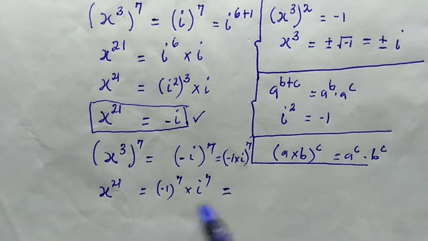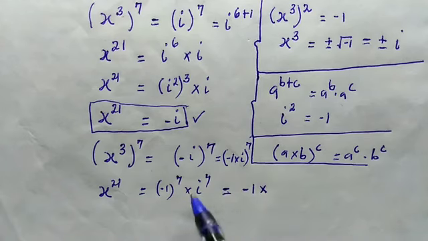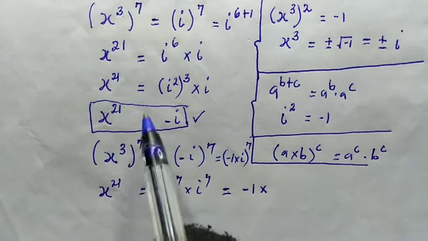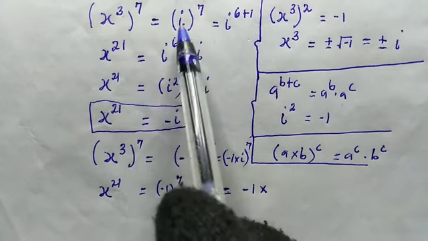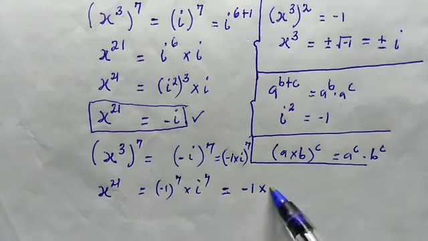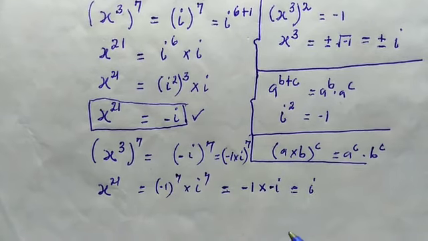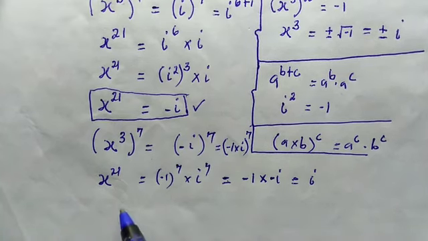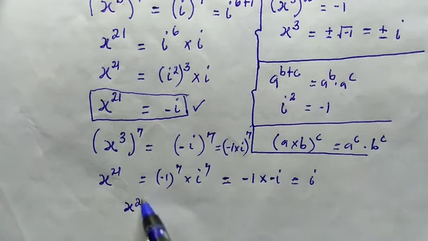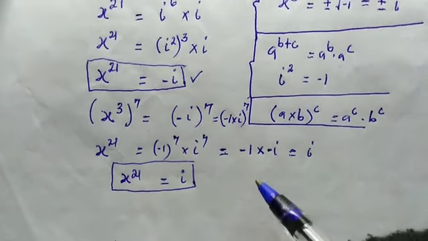So from here, negative 1 to the power of 7, since 7 is odd, is negative 1, multiplied by i to the power of 7, which is negative i, since we simplified it earlier. So here we have a negative i, and from here we just have positive i, right? So from here we have again x to the power of 21 is also equal to i. We have the second solution from here.